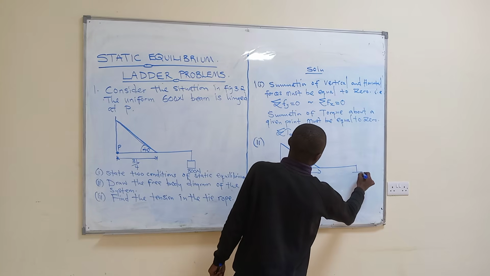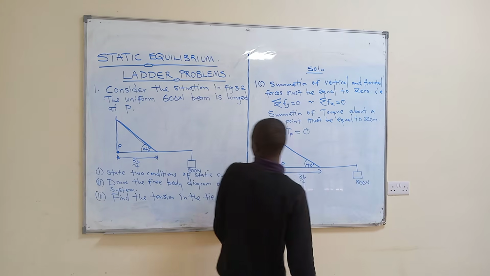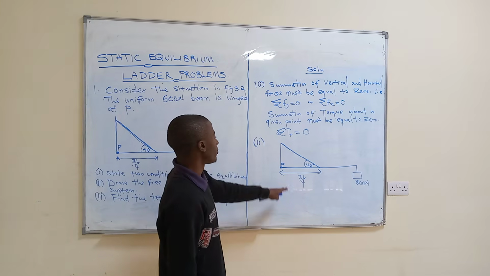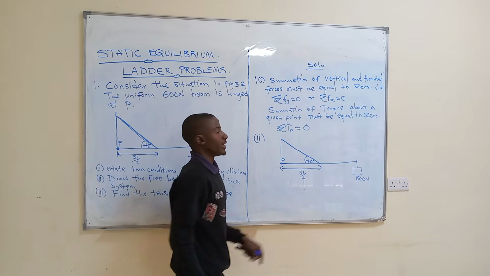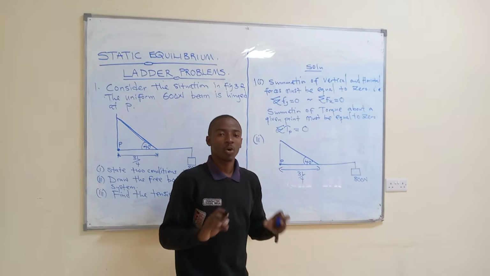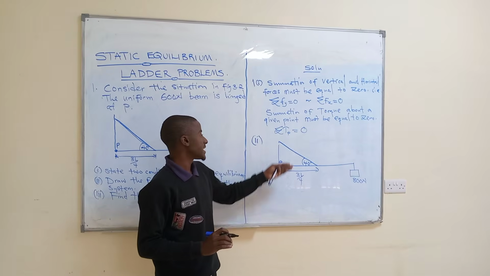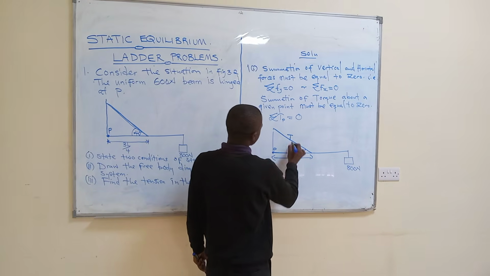There is the force 800 Newton. So here is where you have to be very careful. They are saying this is the loop, and always the force that is found in a string or a loop is called tension force. So here there is tension force.